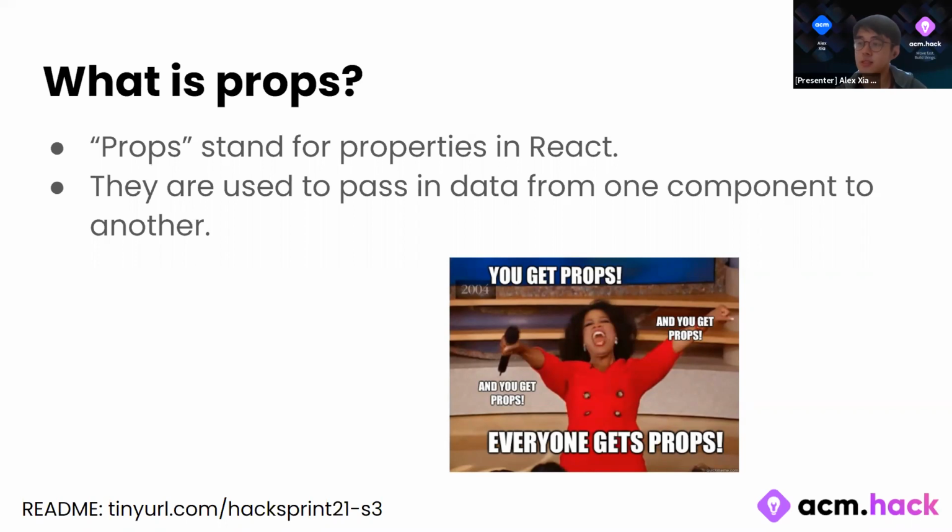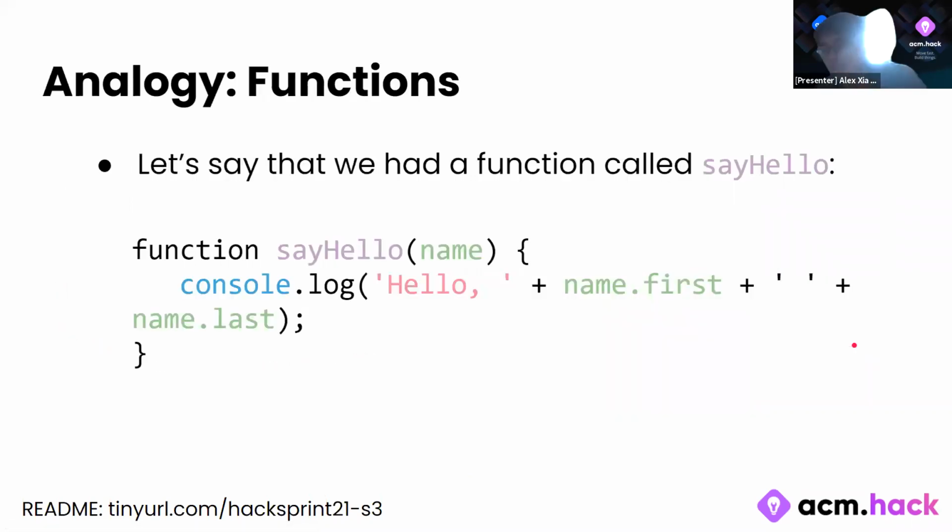If you think of an analogy, let's say we had a function called sayHello, and this sayHello takes in an argument called name. The fact that we did name.first and name.last means that name is an object with the member variables first and last. What this function does is quite simple.